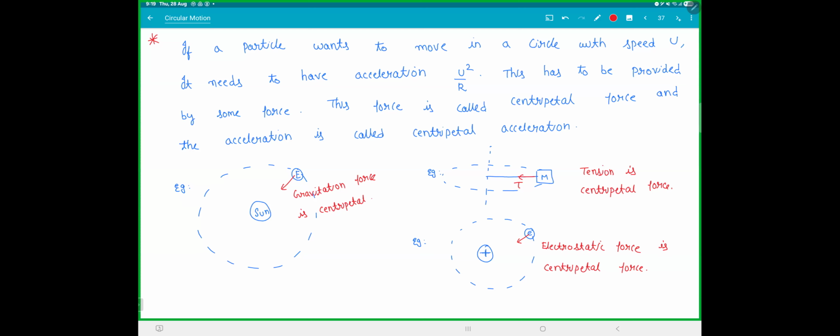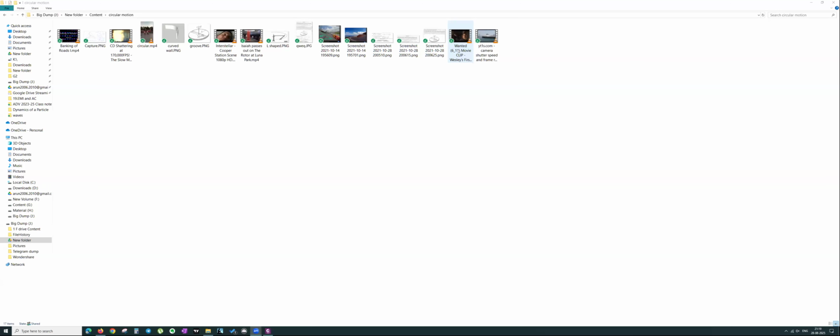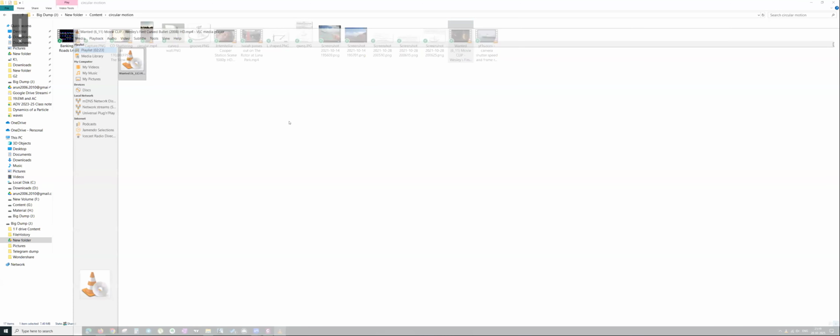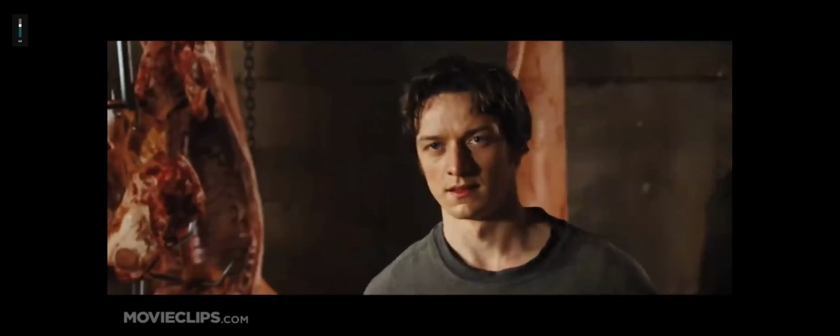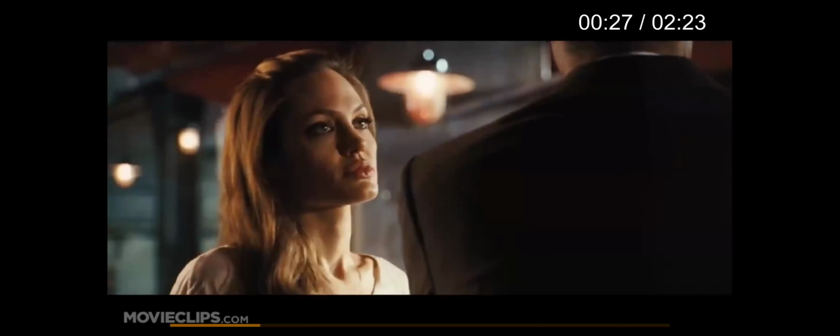Let's see. There can be some graphical images. This is a movie scene. Let's not worry about all this stuff. So we have our heroine. We have our hero. He's trying to shoot a bullet.